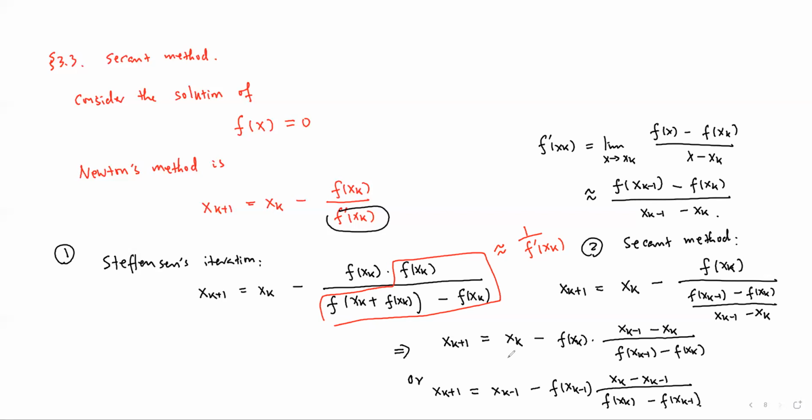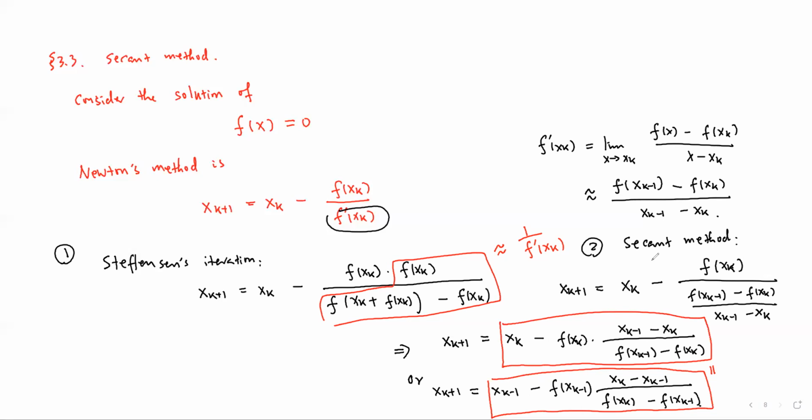If you sit down and use a pen and paper, it is easy to verify that this expression and this expression are actually equal. No difference. Either of these two formulas is called the secant method.